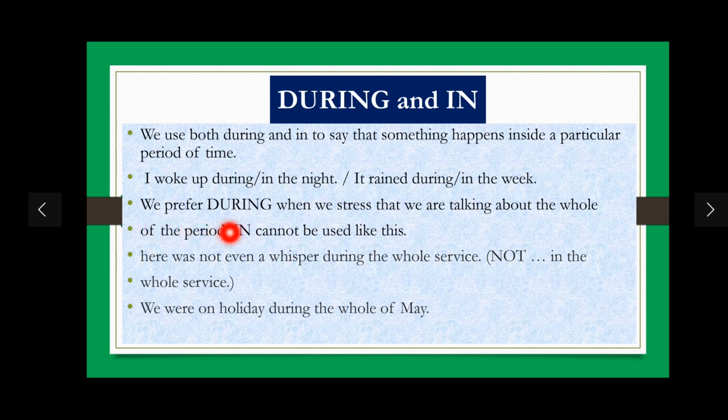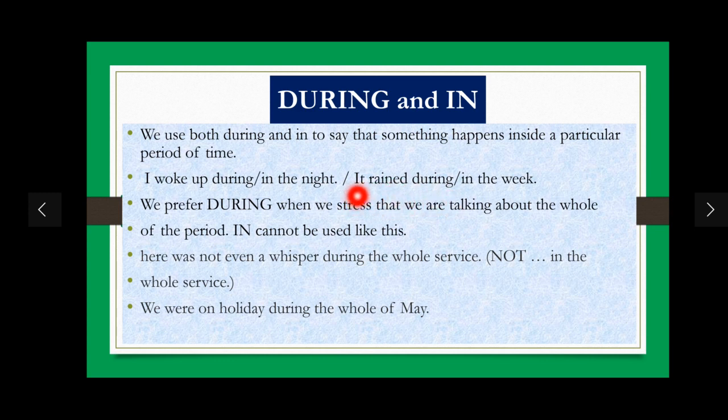We prefer during when we stress that we are talking about the whole of the period. In cannot be used like this. It means that we use during when we talk about the whole period in which something continuously happens, and we do not use in for this. For example, if we say it rained during the week, it means that throughout the week it rained.